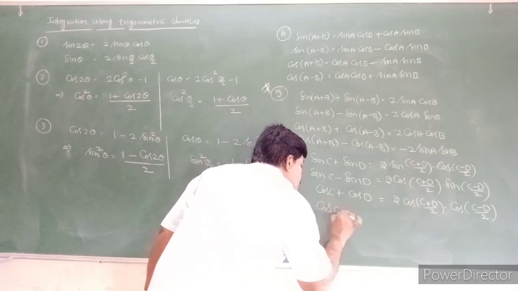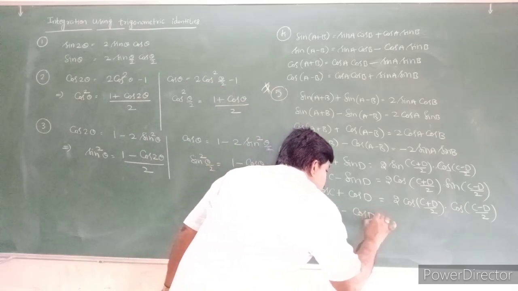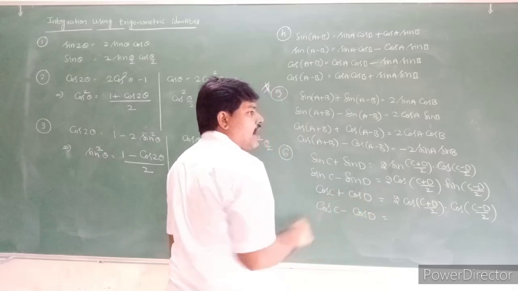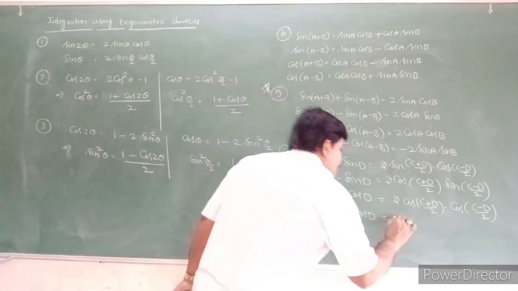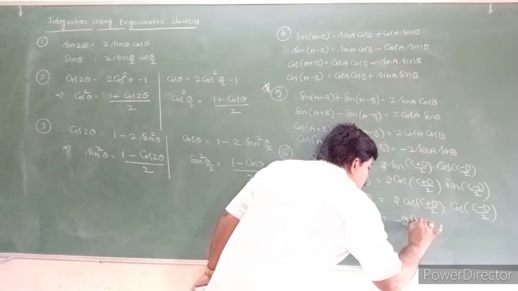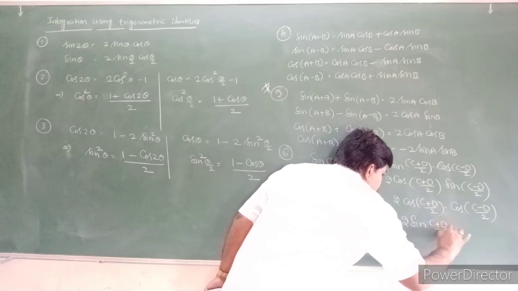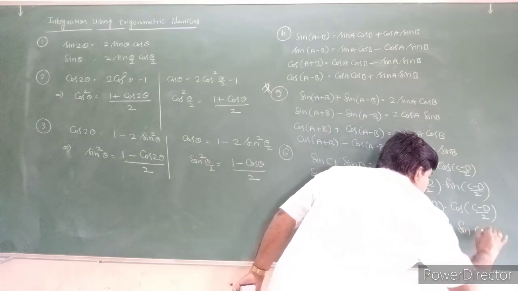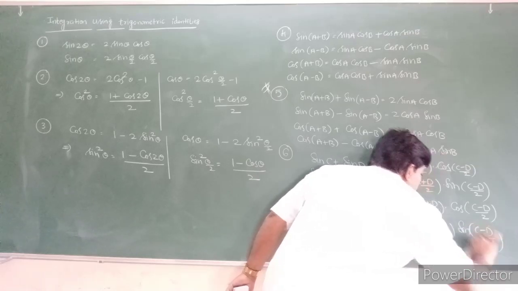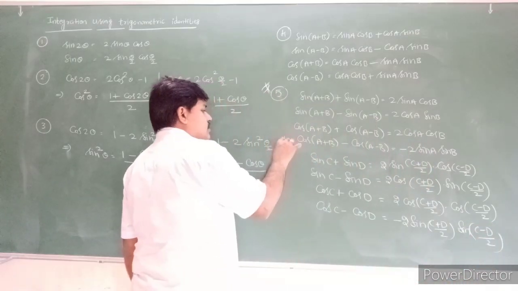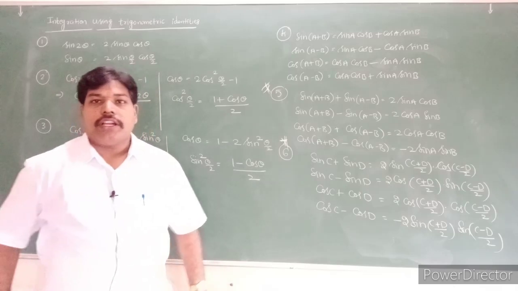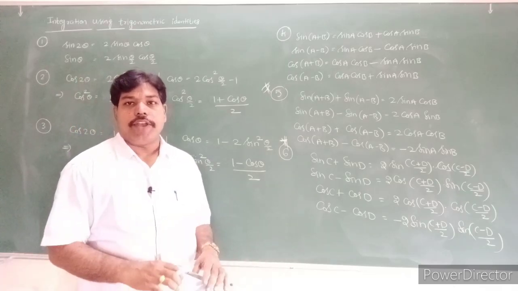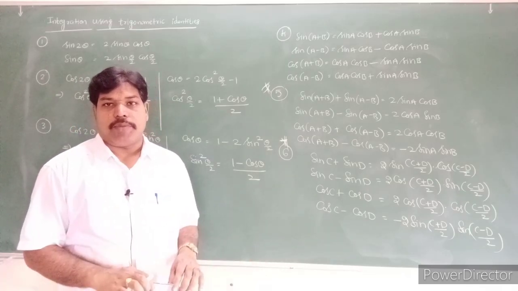And cos c minus cos d is equal to minus 2 into sin of c plus d by 2 into sin of c minus d by 2. These formulas are also very important. We are going to use them in the coming problems.